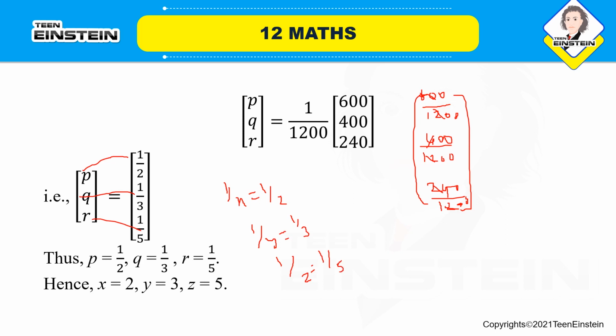So from this what we can say, 1 by X equal to 1 by 2 means X value is 2. 1 by Y equal to 1 by 3 means Y value equal to 3. And 1 by Z equal to 1 by 5 means Z equal to 5. Okay. So this is the required solution.